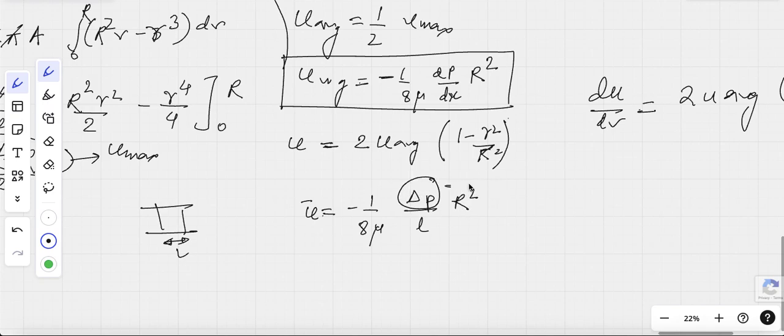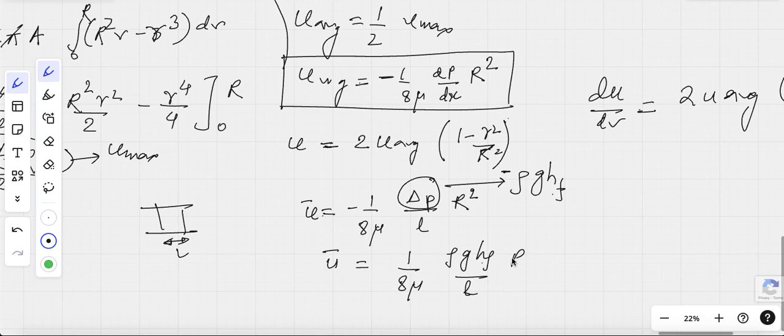This can be written as head drop rho g hf. This is head due to frictional losses. Head loss due to friction. So u bar is equals to, actually this would be negative. So 1 by 8 mu rho g hf by L R square.